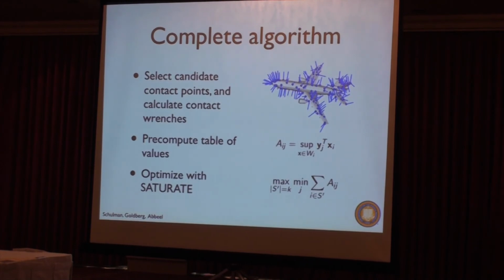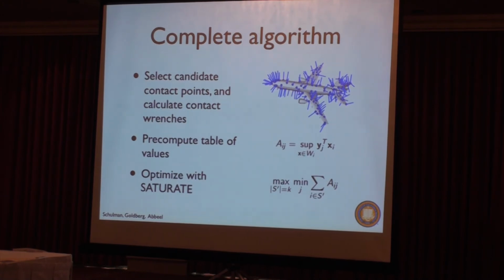So the complete algorithm that we can use to select contact points on a 3D object is as follows. We select candidate contact points, which are just points on the surface of the object that are accessible, and we calculate the contact wrenches that result from applying forces at those contact points in the friction cone.